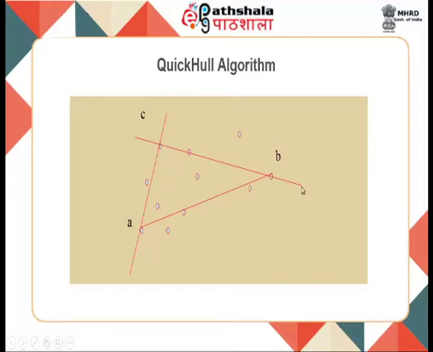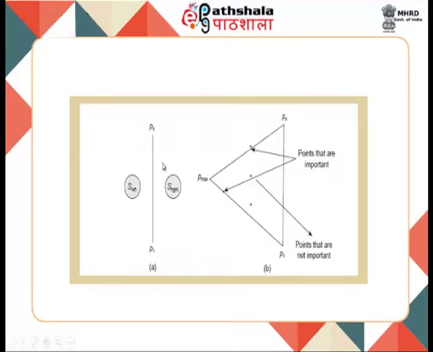Once we have this triangle, we have to check whether the points fall within or outside the triangle. If all the points fall within the triangle, then we can come to a conclusion that this is going to be the vertex of the convex hull, otherwise it is not. This is what the idea is all about.